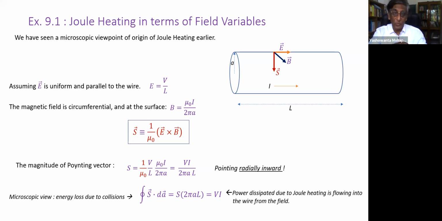That is the microscopic point of view. Macroscopically we can consistently obtain it from E and B fields this way. That's the typical use of how the power flows in an E and B field. This is a demonstration of that.